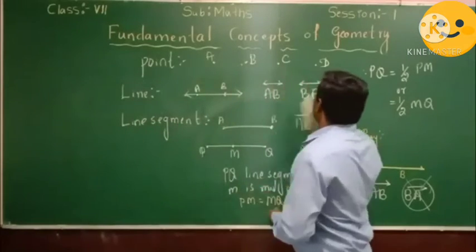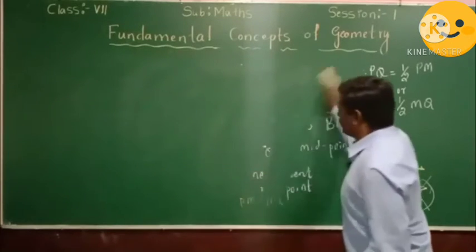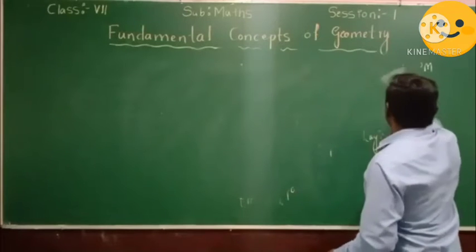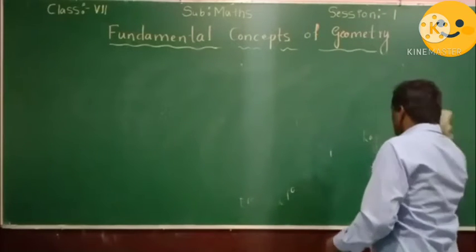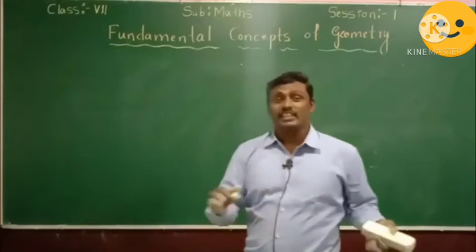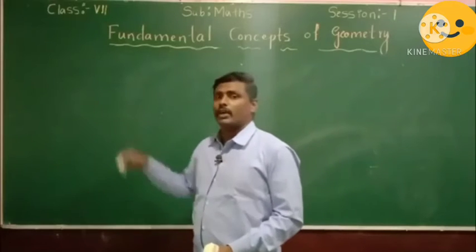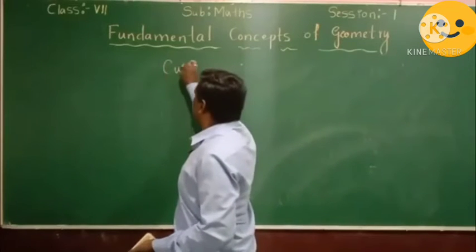Correct? Next, come to the next concept, that is curve. Curve means what? Basically you already know. Curves are in the shape of circles, or in irregular formats or irregular manners. Correct?